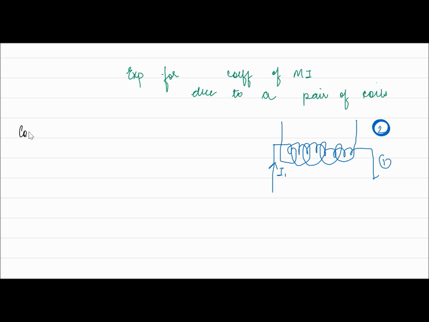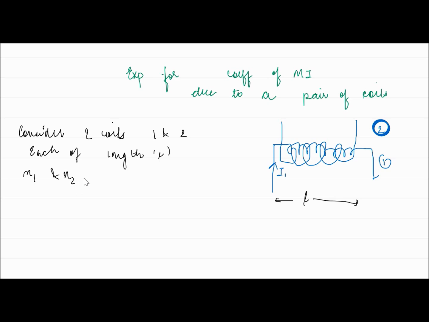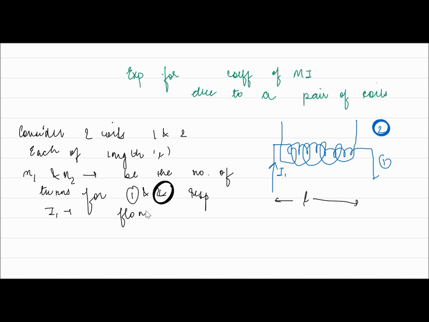So consider two coils, 1 and 2, each of length L. Let N1 and N2 be the number of turns per unit length respectively for coil 1 and 2. And I1 is flowing in coil 1.